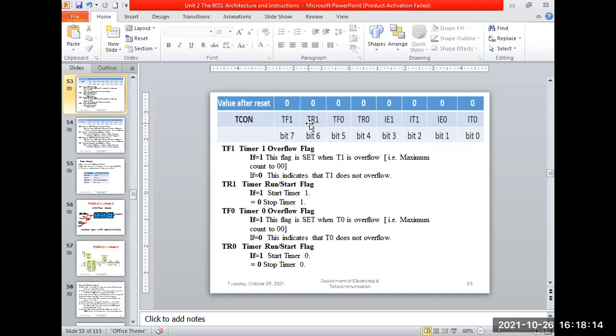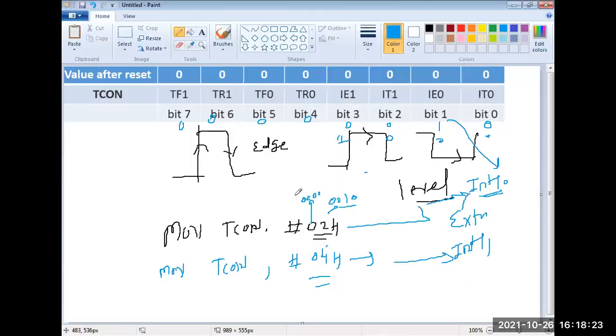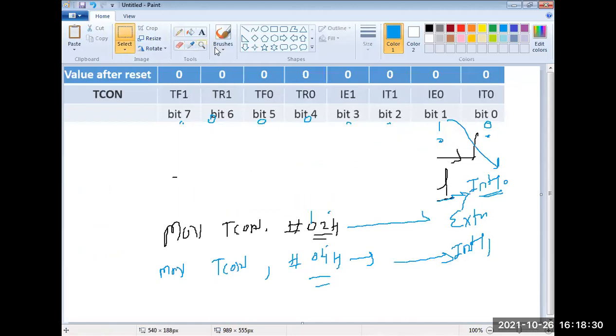If you want to run timer 1, at that time this bit is going to be set to 1. Now let's write it there. If I write like this here: MOV TCON, which timer do I want to start?